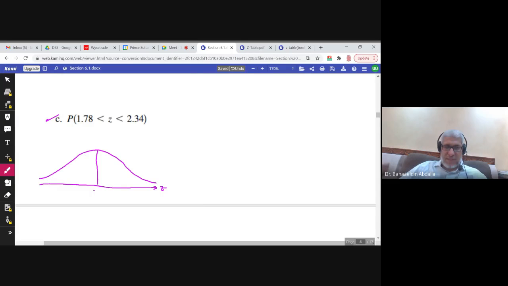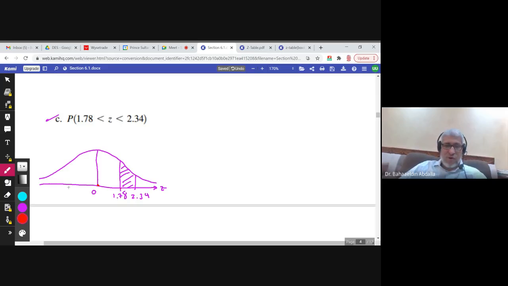This is 0. This is, let us say, 1.78, and this is 2.34, and I need this area, the area between 1.78 and 2.34. How can I find this area? Well, I can find this area from 0 to 1.78 by the table.